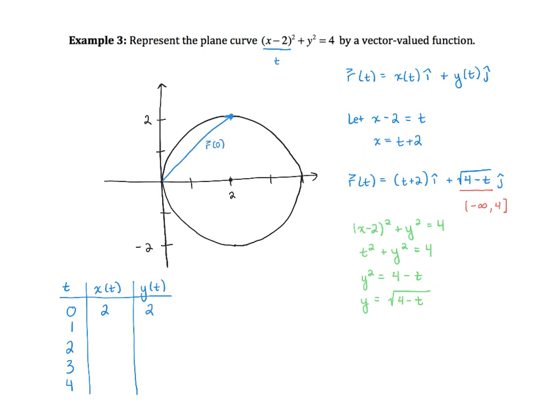Okay, r of 1. Well, x will be 3, and y will be root 3. So (3, root 3). There's r of 1. And when t is 2, x is 4, and y is root 2.